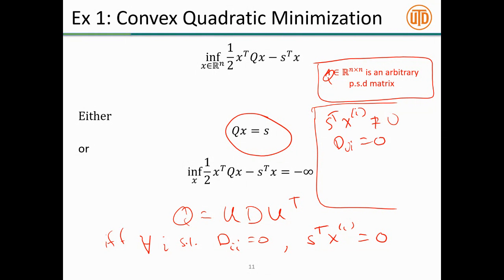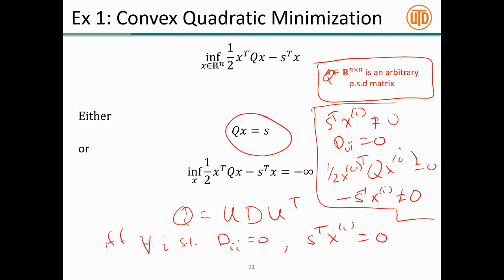Let's take a look at the value of the objective function when I plug in x_i as a possible x. So 1/2 x_i transpose Q times x_i. That's just equal to 0, because x_i is an eigenvector of Q with eigenvalue 0. And the rest of the objective function is just minus S transpose x_i, which we just assumed is not equal to 0.